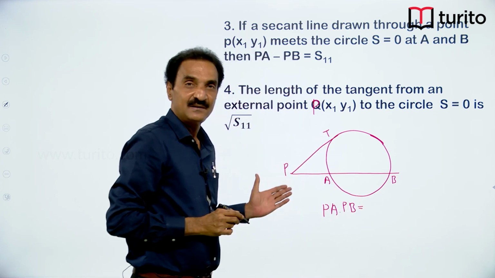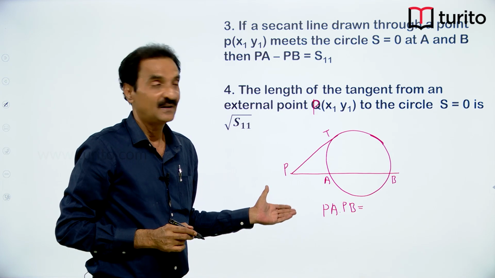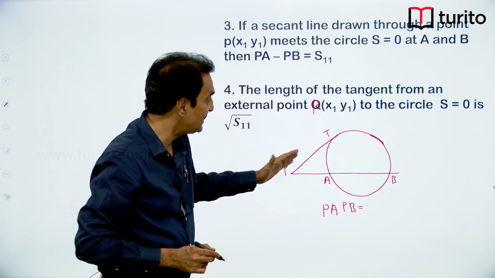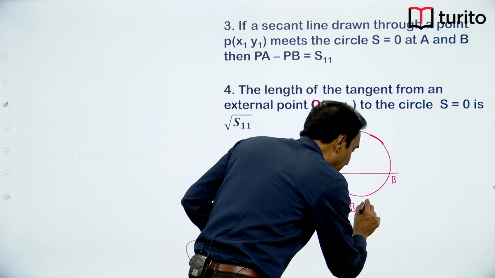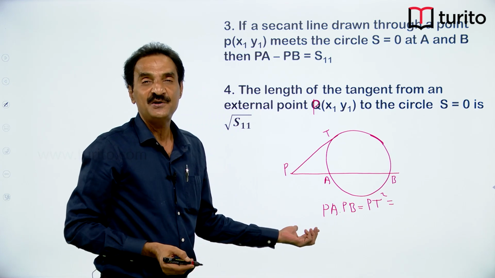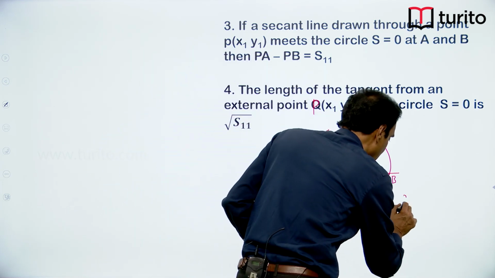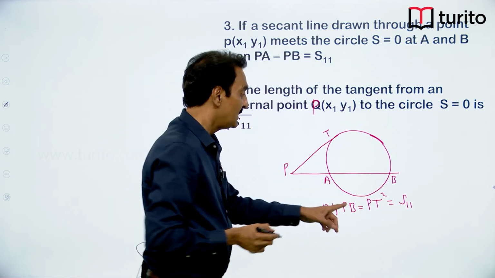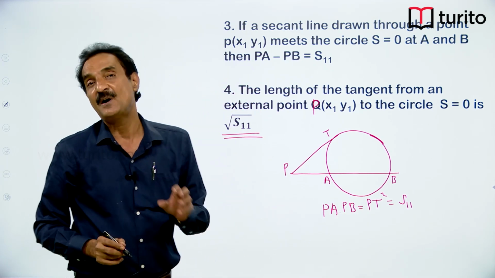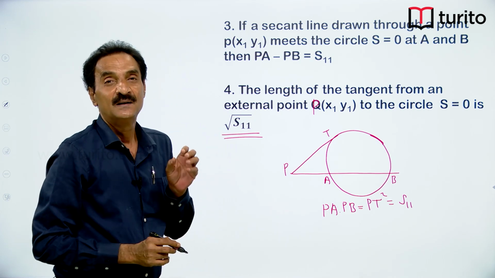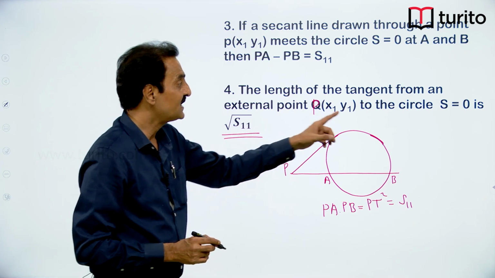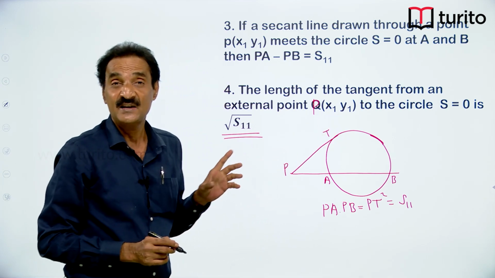What is PT? Length of the tangent. If the tangent from P touches the circle at T, then PA into PB is equal to PT square. And just now we proved that PA into PB is S11. Therefore, PT will be equal to root S11. So, this is a formula you need to remember. The length of the tangent from an external point (x1, y1) to the circle S is equal to 0 is root over S11.